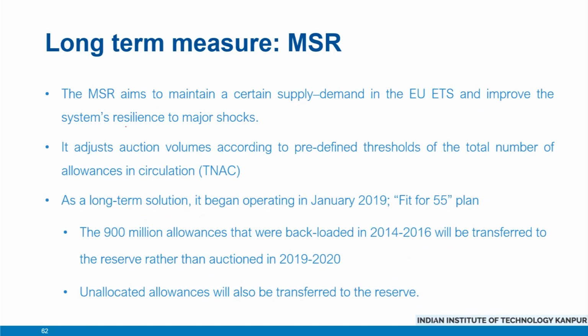So this MSR, which was created in 2015, essentially aims to maintain a certain supply-demand balance to address the current surplus of allowances in the EU ETS and also improve the system's resilience to major shocks.